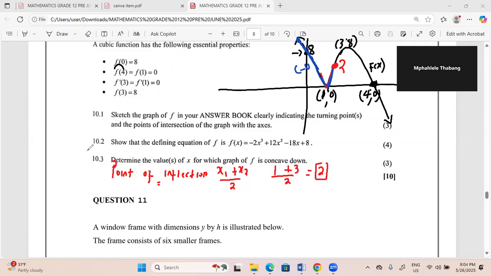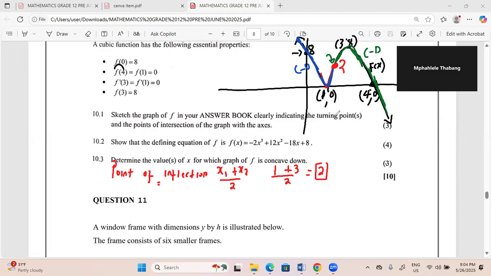And then from 2, this other part of the graph is C down. It's concave down. So this point of inflection is the point where the concavity of the graph changes. So the graph was concave up all along. Now it starts to be concave down.